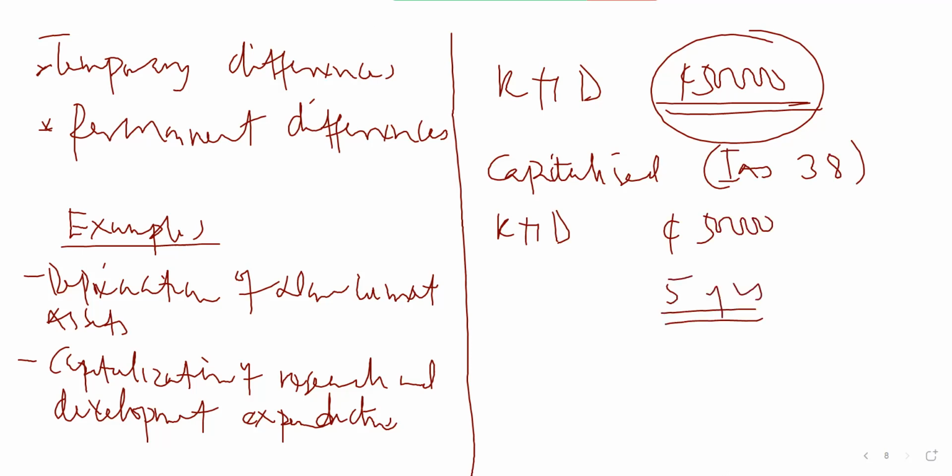So you see that in the first year in which this has been incurred, the tax liability of the company is going to reduce. But in the subsequent year, it will not be reduced because the tax authority will not be allowing the 50,000 for deduction again. So capitalized research and development expenditure will also cause an issue of deferred tax.